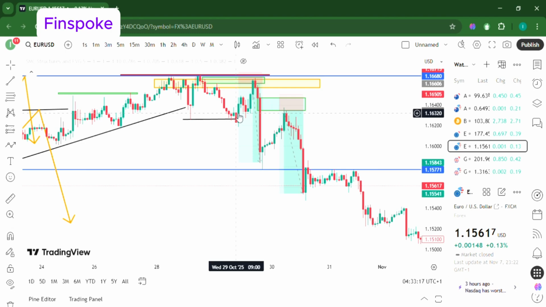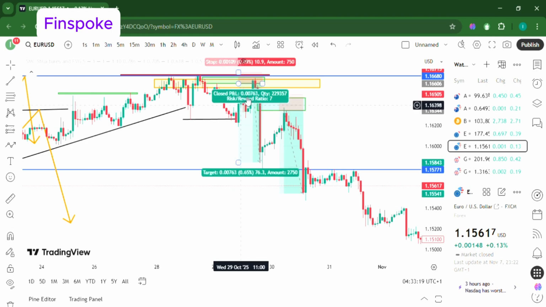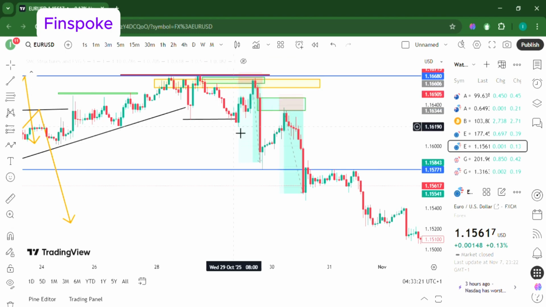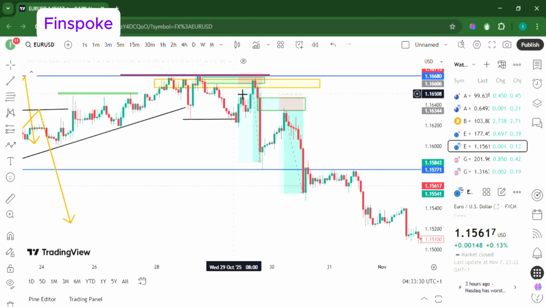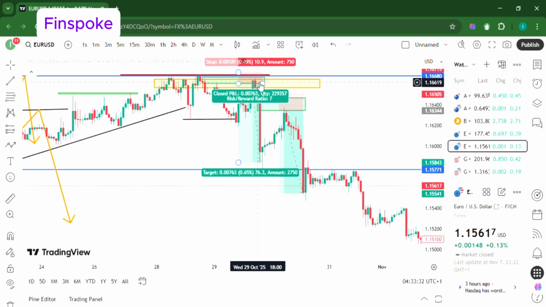So I was actually waiting to see where the pullback will end or where the retest will end. And price returned. There is an inducement here, but that will be a video for another time. Price returned to the original zone to retest the zone. That was where I took the trade.